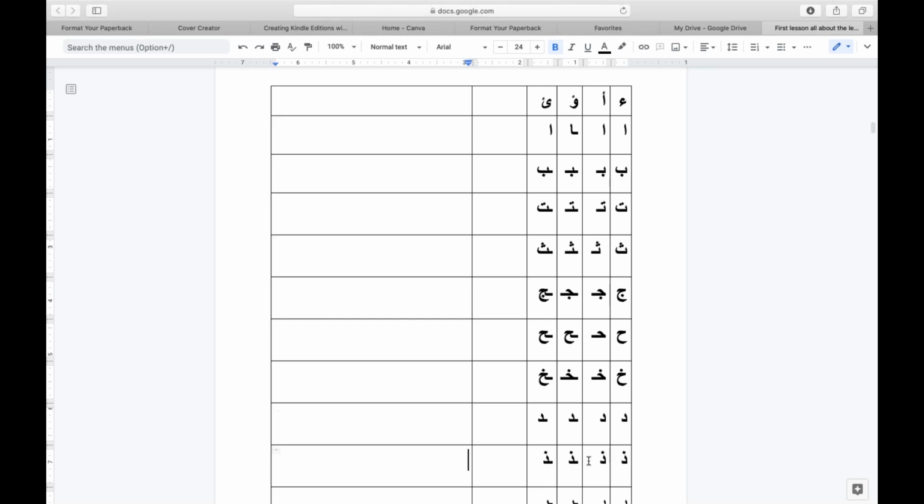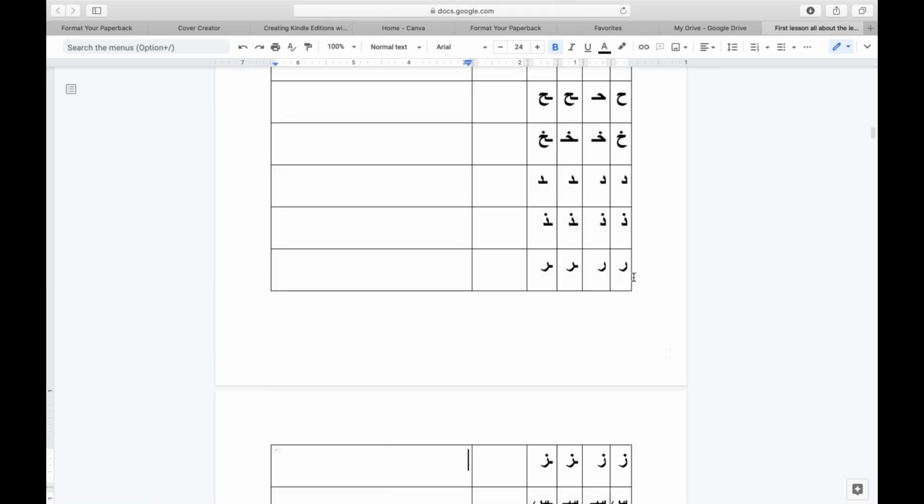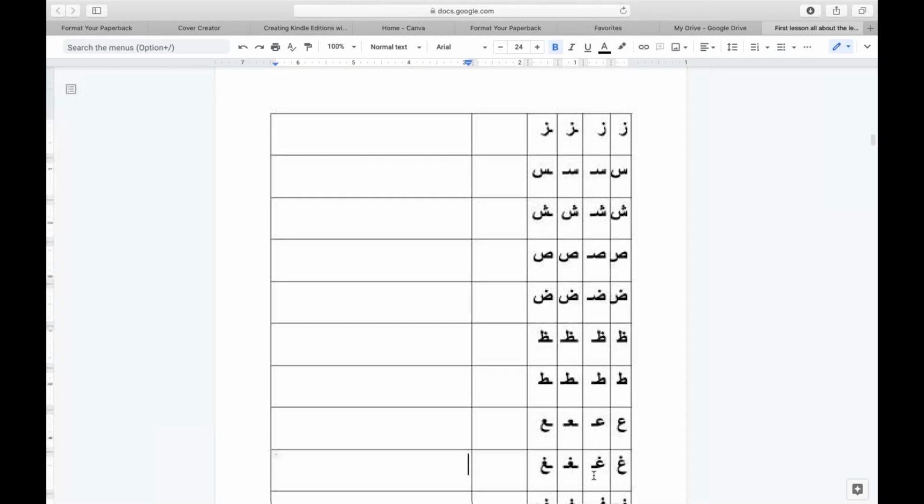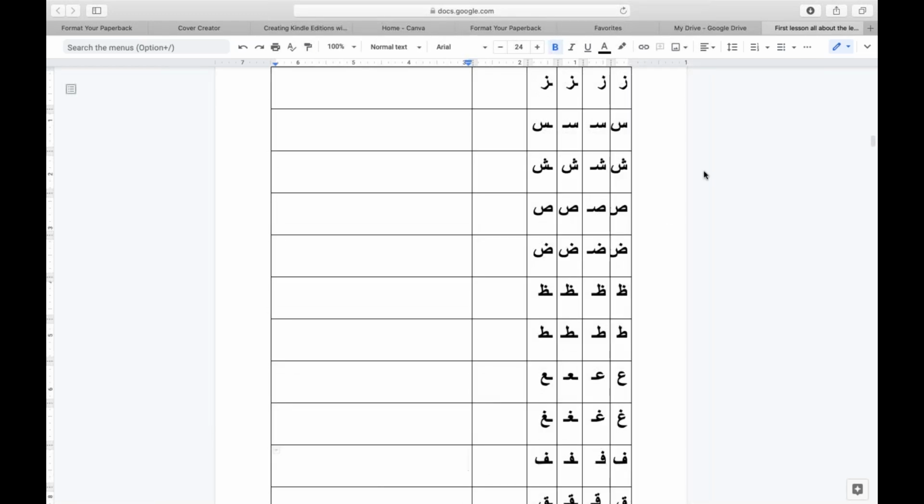And then we have the letter Ra, the same as Dal and Alif. Then I have Zai, the same story, just two different looks. Then we have the Sin, which has four different shapes. Sheen looks like Sin, just with three dots, okay?